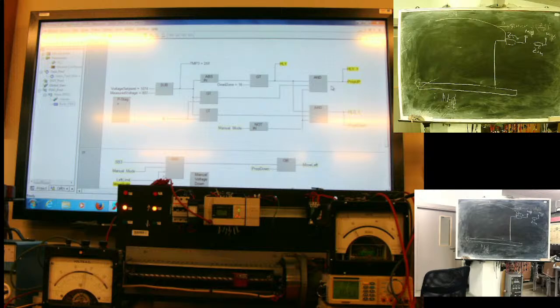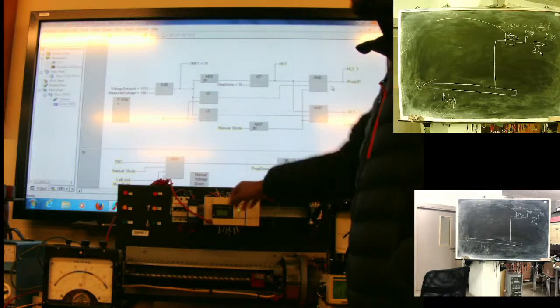I'm changing voltage, but load power remains the same. Losses may change. How is the system stabilized using this?